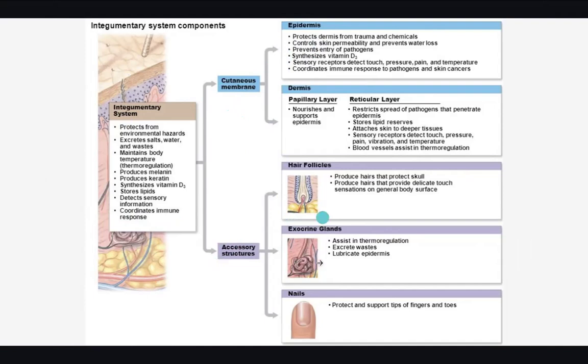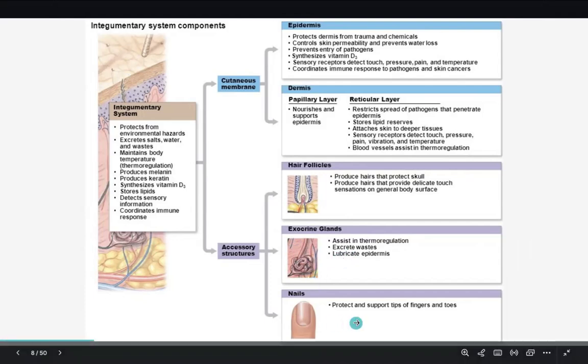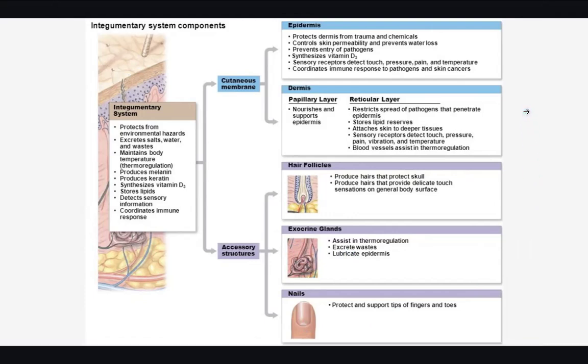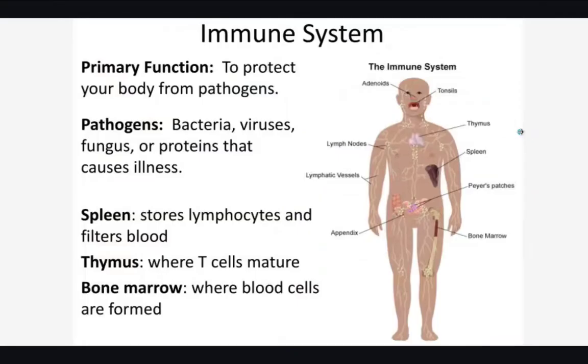You have the glands, the exocrine, the apocrine, and the eccrine glands, which would be responsible for the secretion of certain substances like oil and excess water. And then you have also the nails. The nails would be hardened, keratinized regions, which would protect our fingers and our toes. Okay, so these ones would make up our integumentary system.